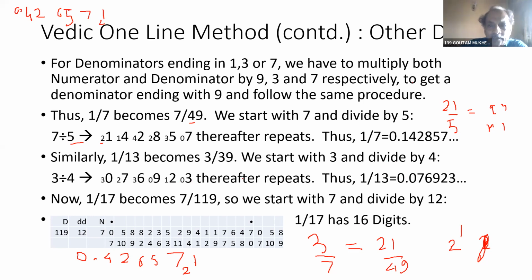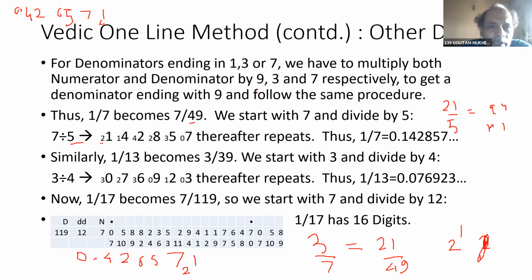But actually, this is very peculiar. In case of 7, the cycle ends in 6, that is 7 minus 1. Earlier also you have seen that in case of 19, the cycle is up to 18. In case of 29, it is up to 28.